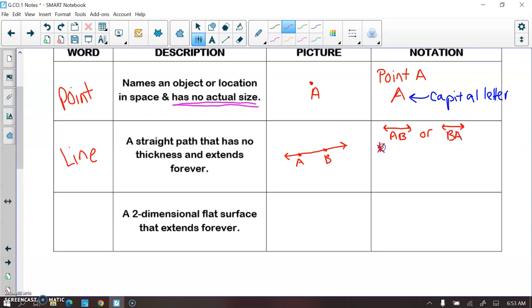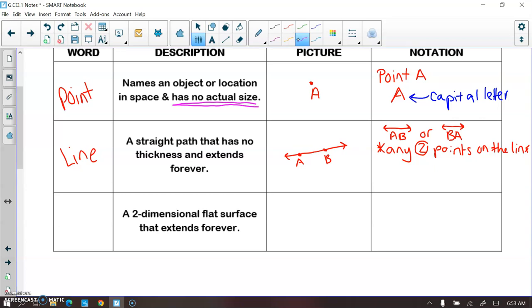A line is typically named with any 2, that's key, points on the line. And remember, points are named with capital letters, so there should be no lowercase letters when we're talking about points. However, there's another way to name a line.